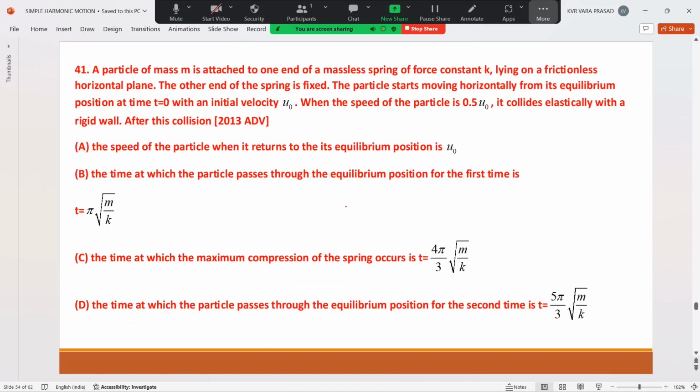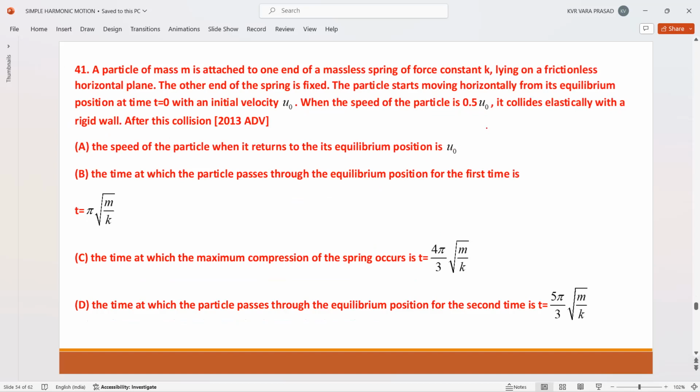See the next problem. This is a 2013 advanced problem. Just see the question once. A particle of mass m is attached to one end of a massless spring of force constant k lying on a frictionless horizontal plane.